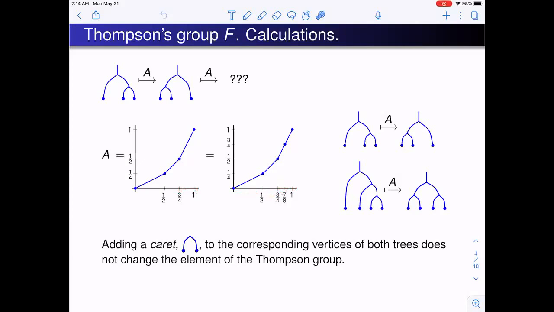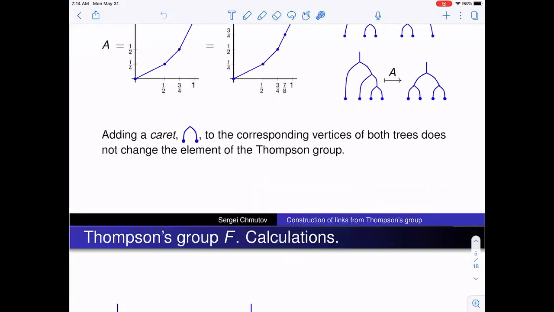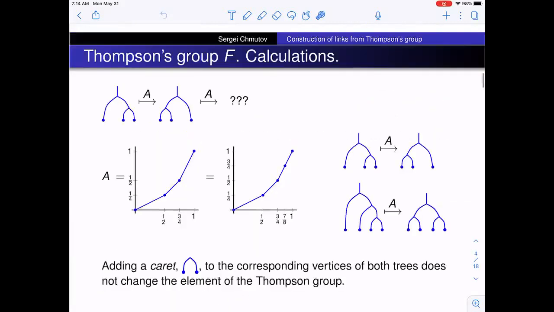I have not just the tree like A, but I have the last part of it. It will be split more, and that is that part of the tree. And here again, it is split again at the image. So I will have an extra caret there.